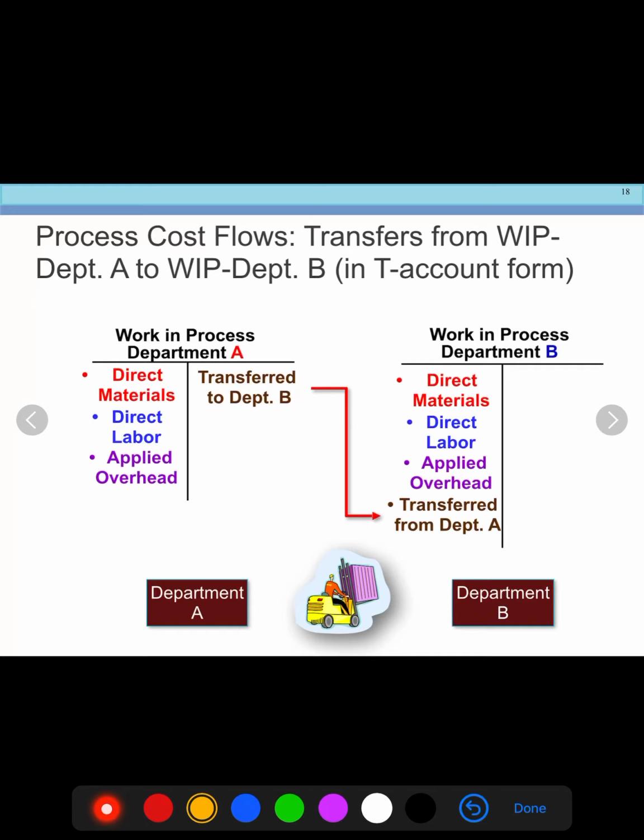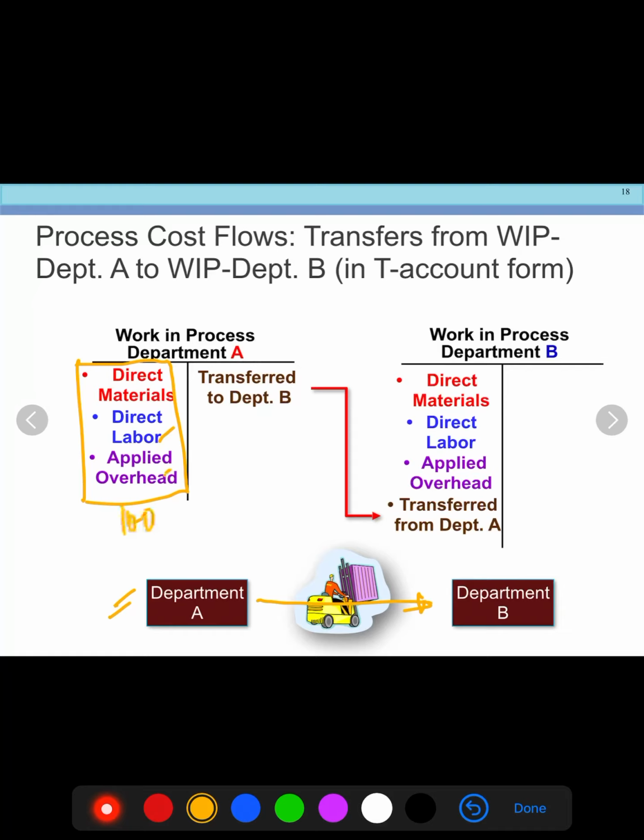In terms of transferring from Department A to Department B, so bakit nagkakaroon ng transfer? Because the idea of a process costing system is, once natapos na siya sa unang department, yung completed portion ng Department A, pino-forward kay Department B. So, all of the material cost, labor cost, and overhead applied in Department A, pag natapos yan, so let us say 100 ito.